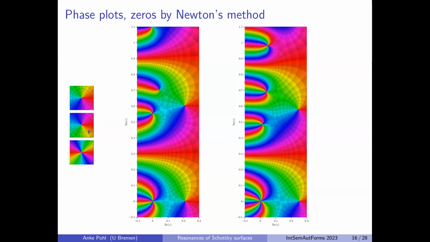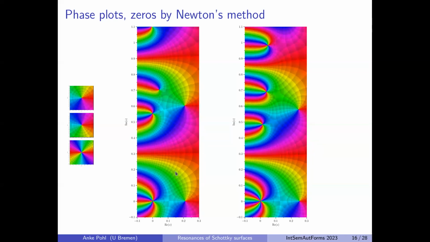The next one is the map z goes to z squared. That has a zero of order 2 at 0, and you also see it in the picture. You start at red, you go through the rainbow, you are at red again, you go again through the rainbow, so you turn around some point twice in rainbow orientation, so it's a zero of order 2.